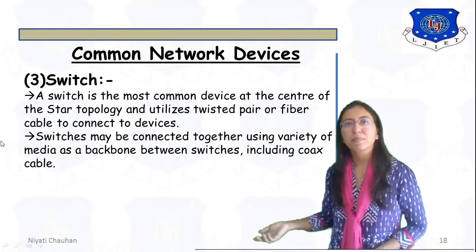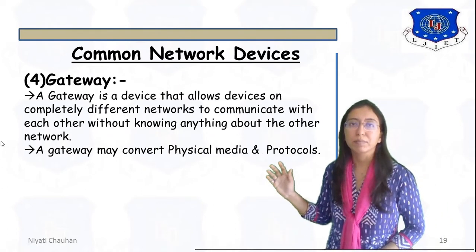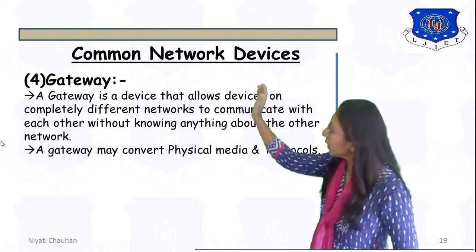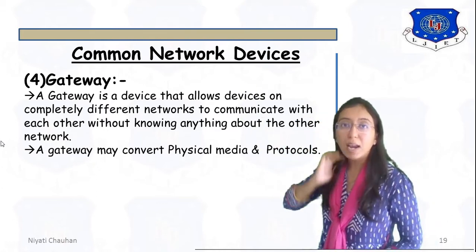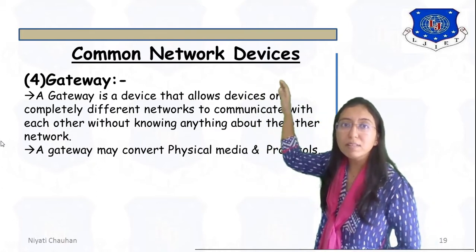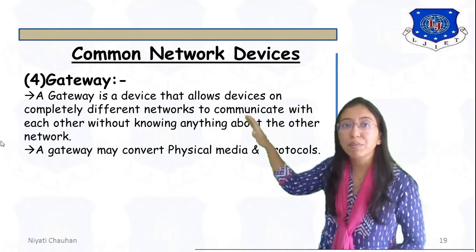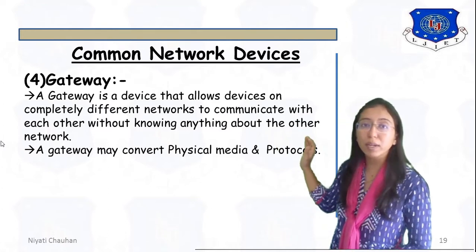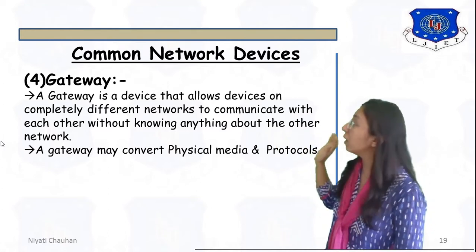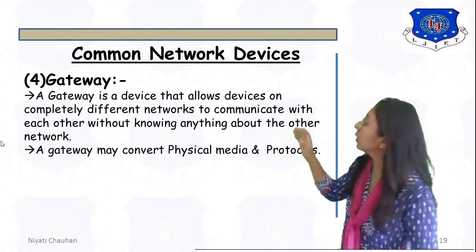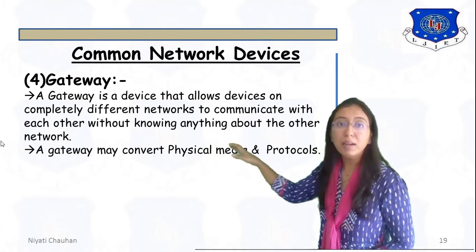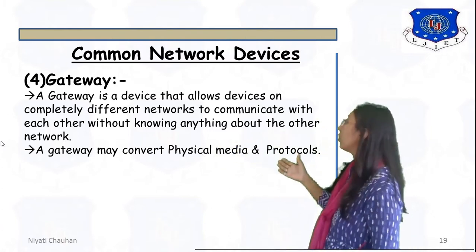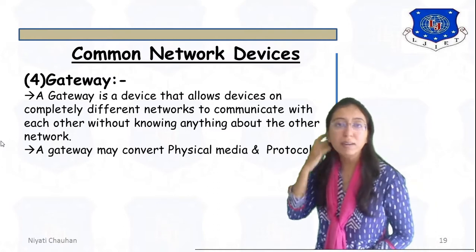Next, gateway. A gateway is a device that allows devices on completely different networks to communicate with each other without knowing anything about the other network. So a gateway may convert physical media to protocols.